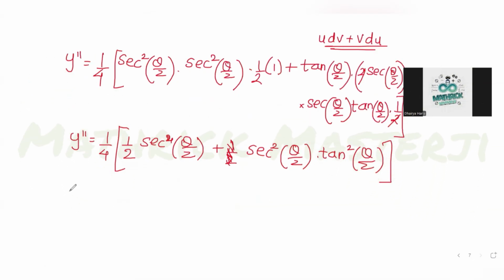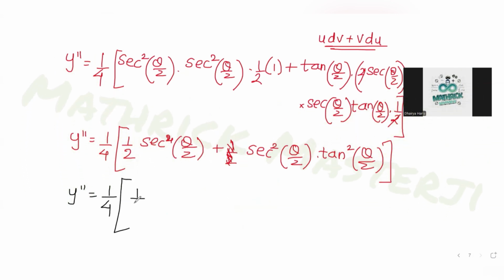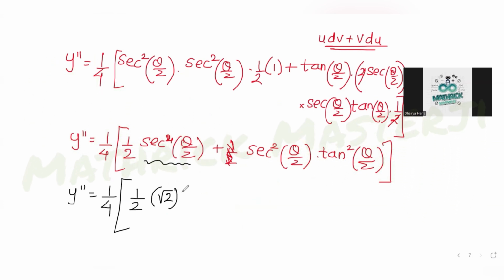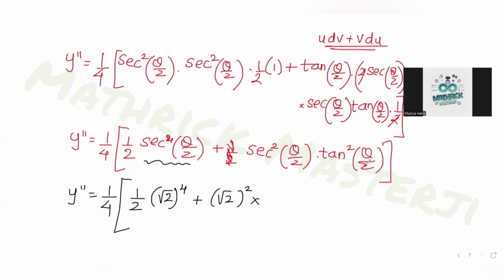And the third expression, if I see, it's y double dash, 1 over 4 as it is, half sec raised to 4 pi over 4. So it's basically root 2 raised to 4. Then I have sec square pi over 4, which is root 2 squared, and tan square pi over 4, which is just 2.